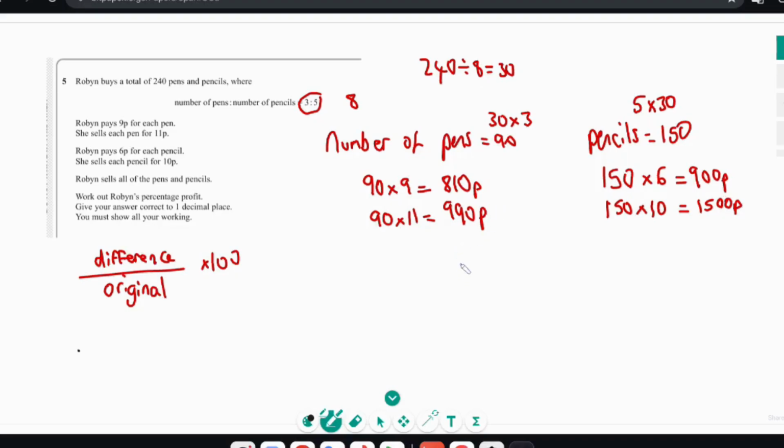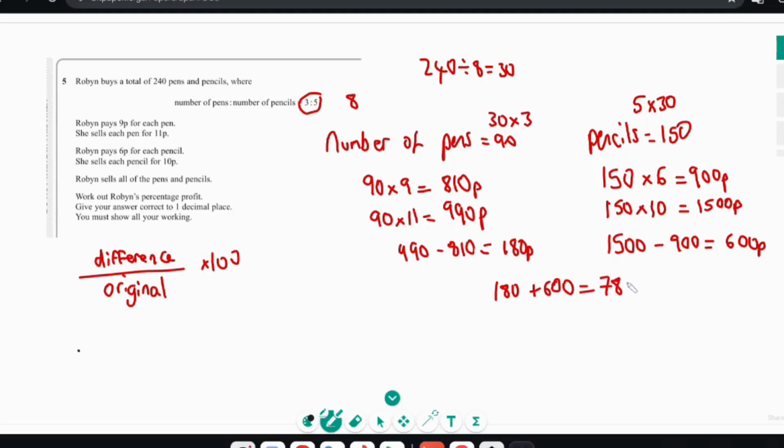So let's find the actual profit first. 990 minus 810 is 180. And here we have 1,500 minus 900, which is 600 pence. Let's add those together. So Robin has made a total profit of 780 pence.